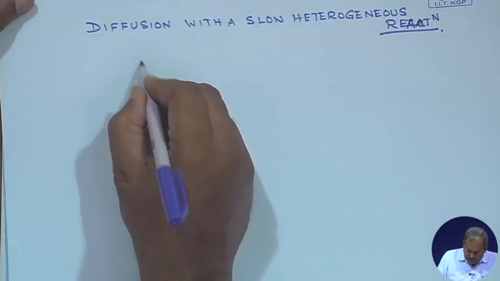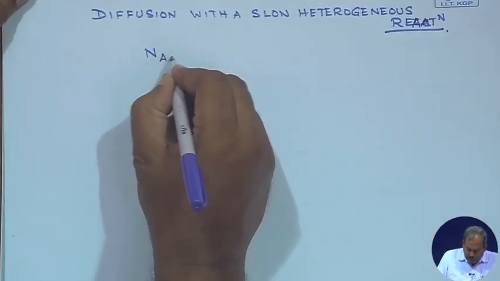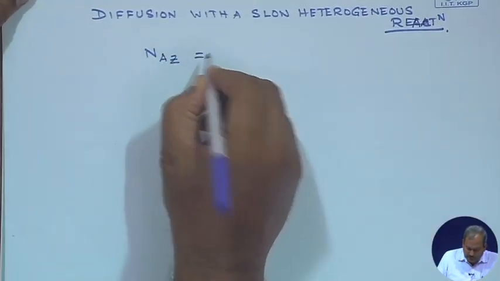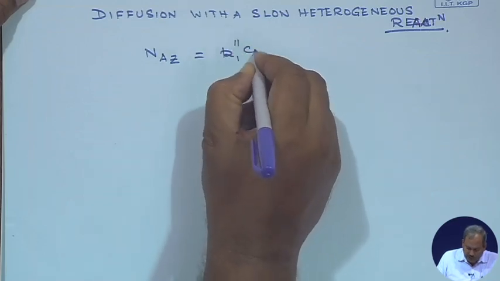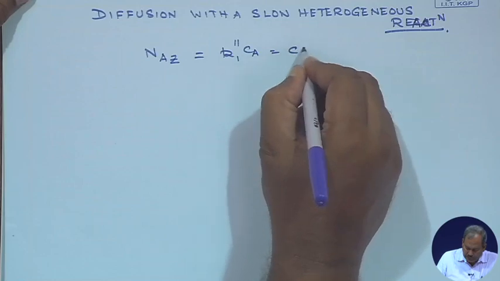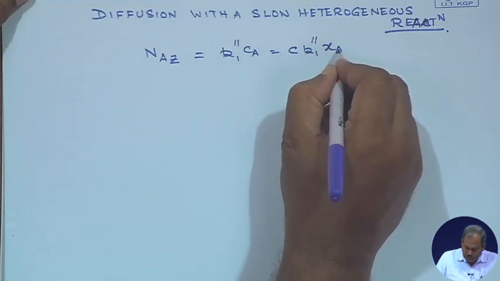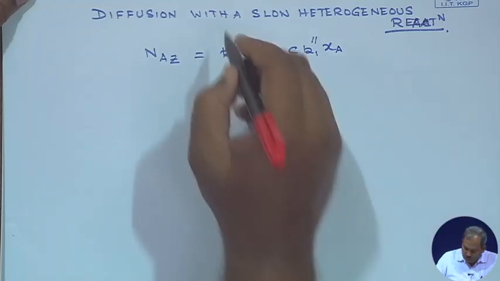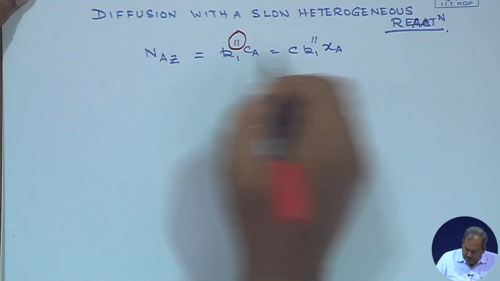So, let us say that the rate at which A disappears on the surface is given by this rate expression. Remember, note the double prime that I have used for the rate constant.